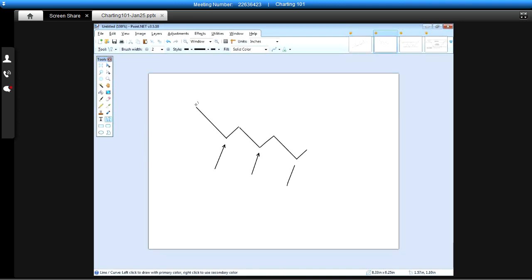Same thing happens in a downtrend, but this time instead of connecting the lows, you actually connect the highs. And the same thing as it comes down and then retraces a little bit, checks the area, drops again, retests it. So now you've got 2 points that you can draw a line to see if future retracements have hit that line.